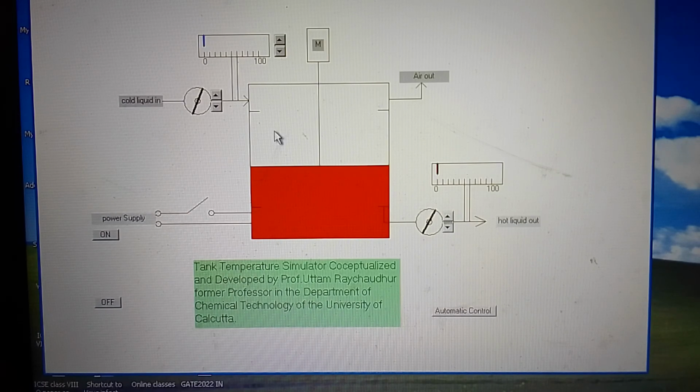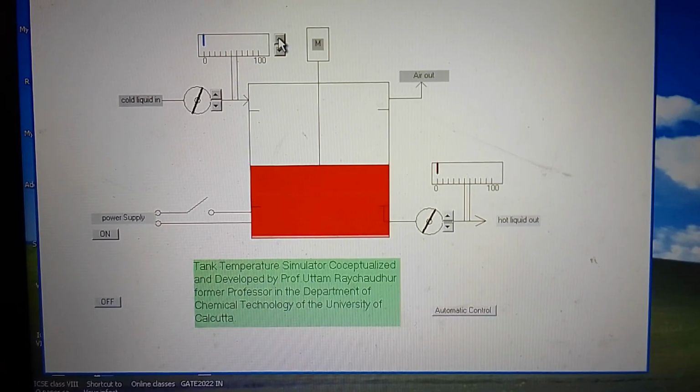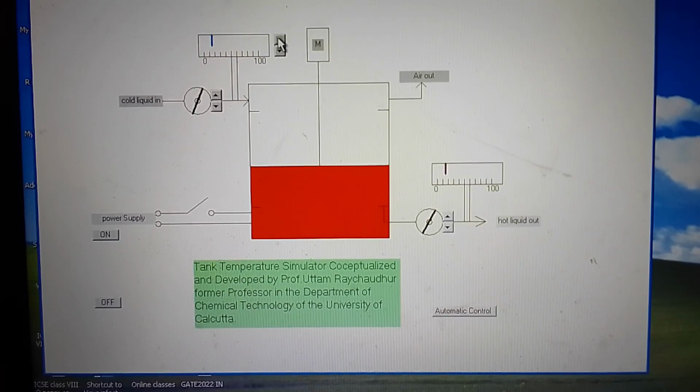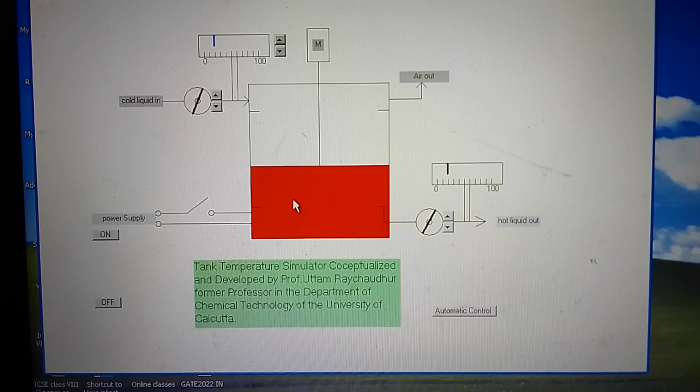You can also see the temperature of the inlet liquid, which may be any liquid, and its temperature will be the same as the liquid in this tank. The exit liquid temperature is also shown here.